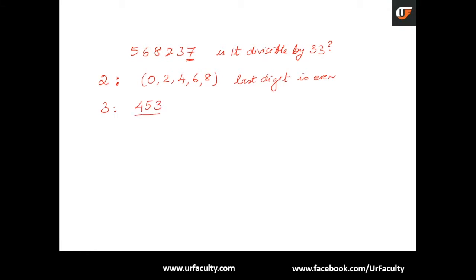If this is the number given to you and they're asking you to check if it is divisible by 3 or not, what you need to do is 4 plus 5 plus 3. This is equal to 8 plus 4, 12. We know that 12 is divisible by 3. So all that you need to do is sum up the numbers and check if that sum is divisible by 3.